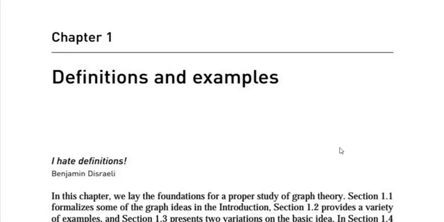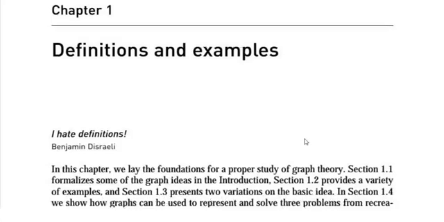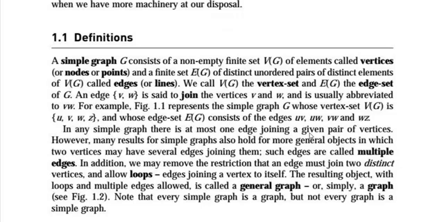So we will start with the simple graph. For this chapter, we have to give names to any graph or any vertices. A simple graph, let's say named G, consists of a non-empty finite set V of G of elements called vertices.